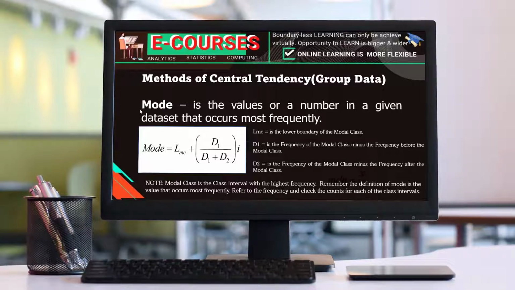Model class is the class interval with the highest frequency. Okay, so remember the definition of the mode is the value that occurs most frequently. So the same with group data. A model class is located in the class interval with the highest number of frequency. Alright.